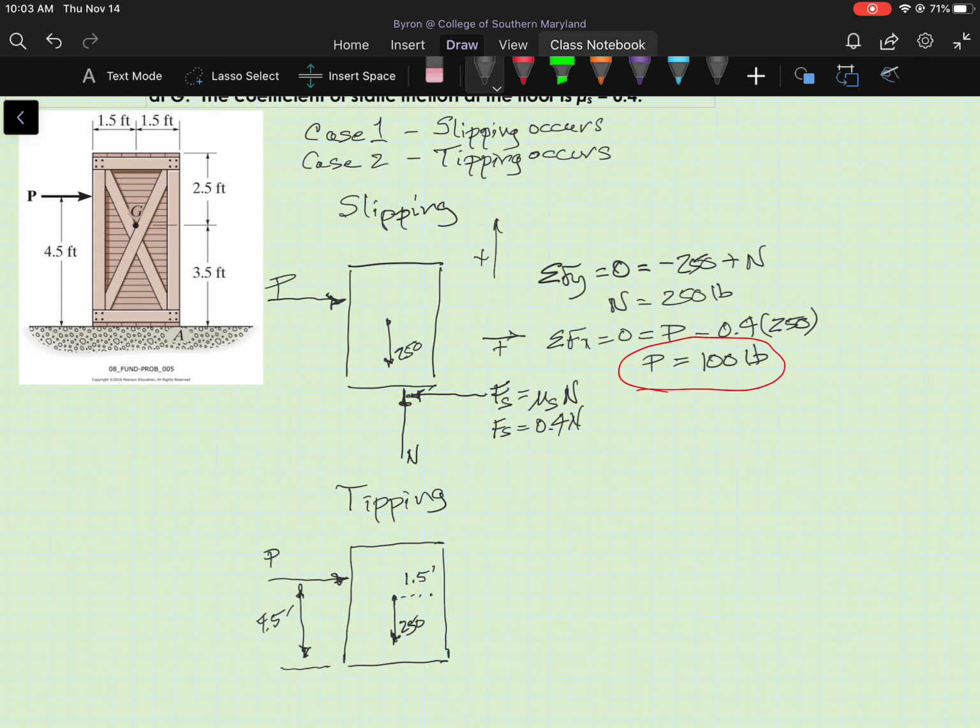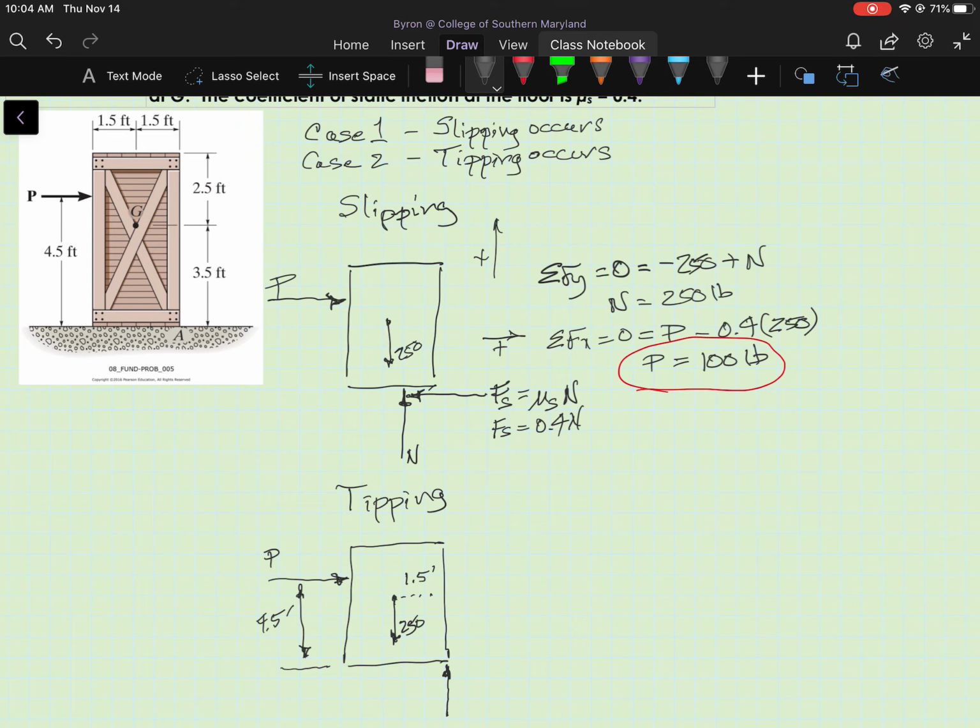Now, the key to these tipping type problems is to realize that when you have tipping impending motion, the normal force is going to be concentrated on, in this case, the right edge of the crate.